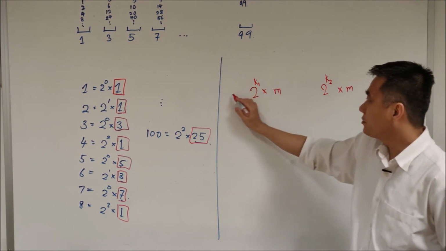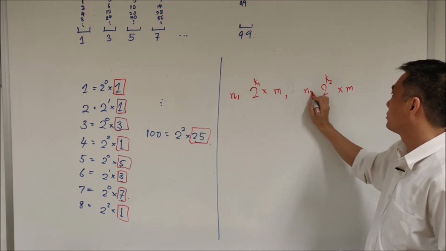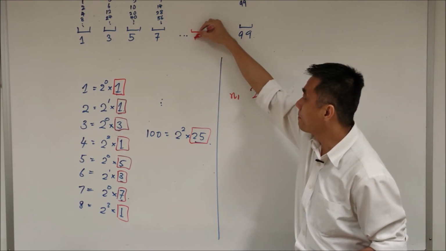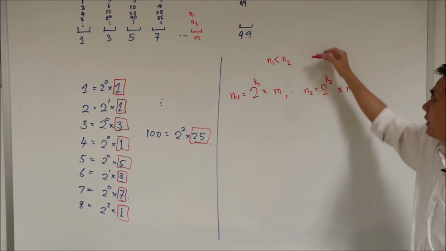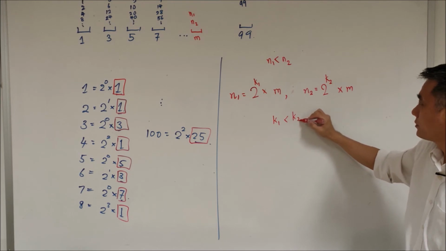So let's say I have two numbers n1 and n2 inside the same box called m. Suppose that n1 is less than n2, then k1 is less than k2.